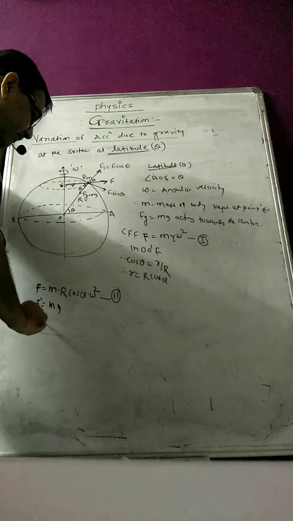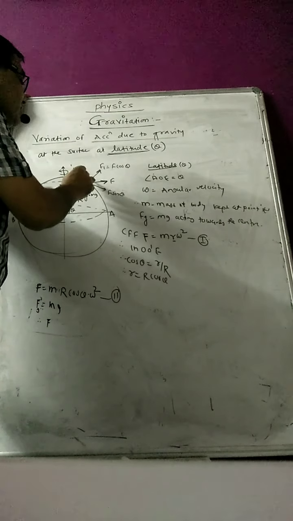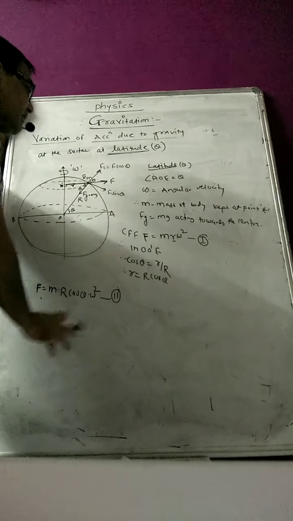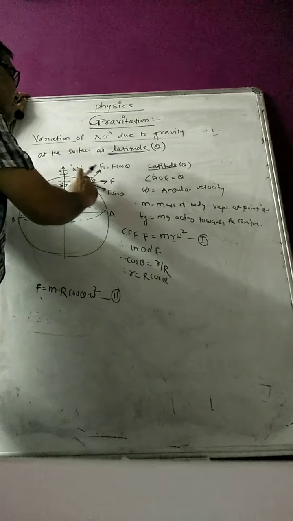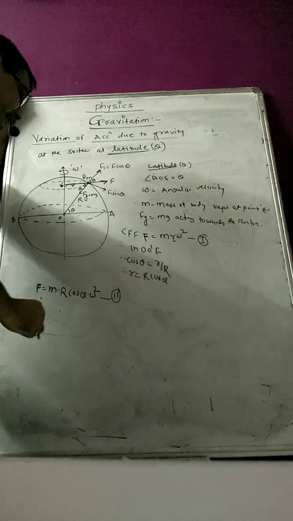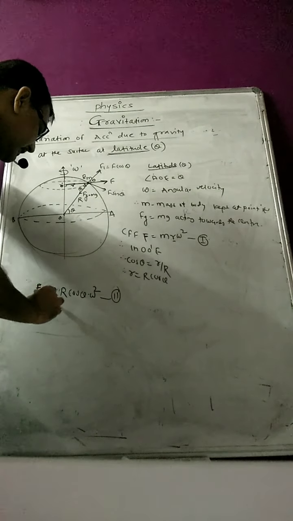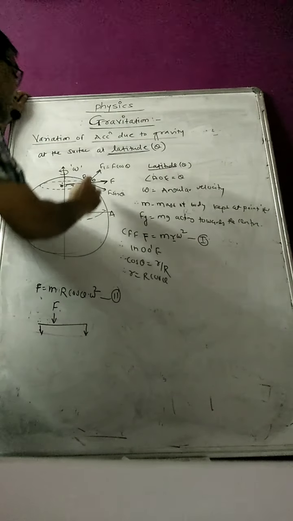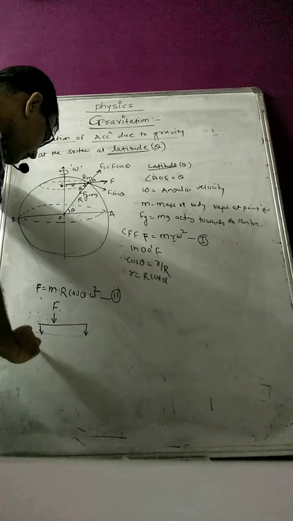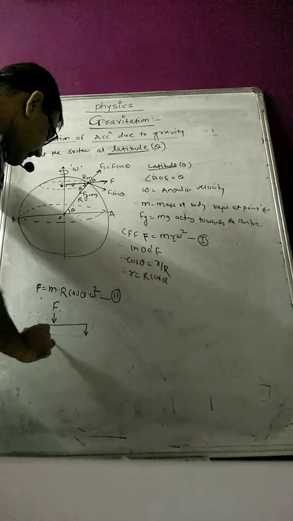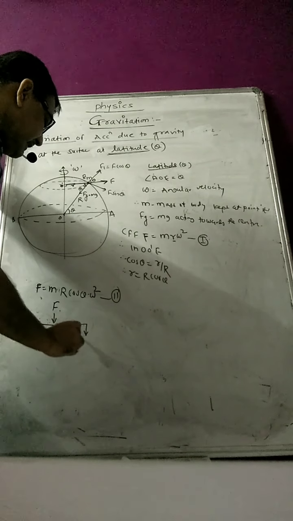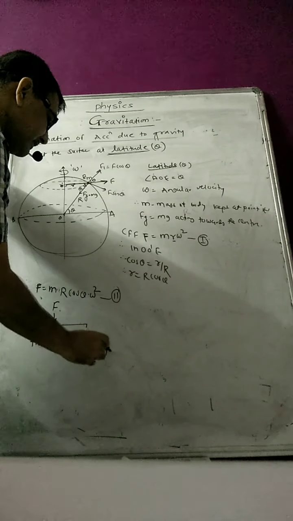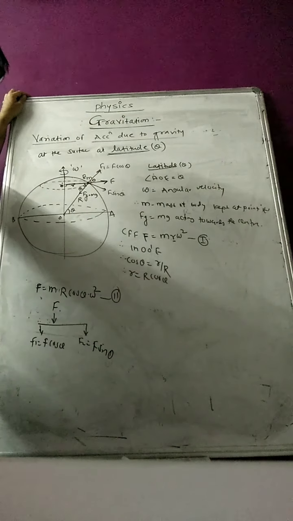But before that, what I will do is divide that centrifugal force into two components. F can be resolved into two components. First component is F1 that is equal to F cos theta, and F2 is equal to F sin theta. These are the two rectangular components, okay.